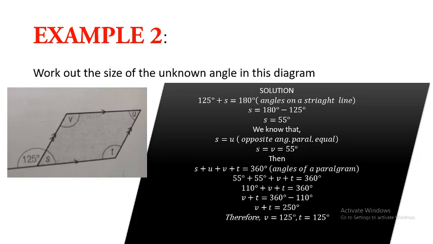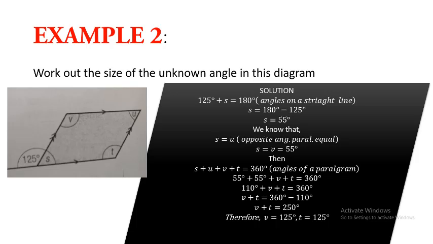So if we add 55 and 55 degrees, the answer is 110 degrees. Plus V plus T, the answer is 360 degrees. Then we are going to move 110 degrees from the left hand side to the right hand side, so it will become negative. So here we have V plus T is equal to 360 degrees minus 110 degrees. So the answer is 250 degrees.